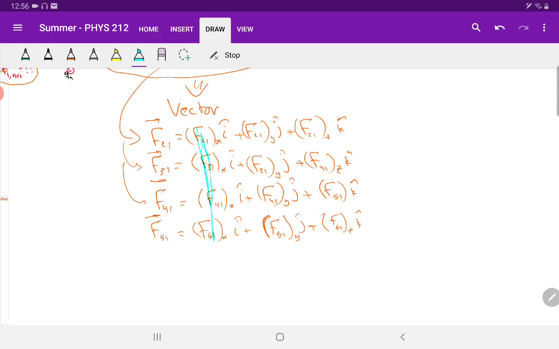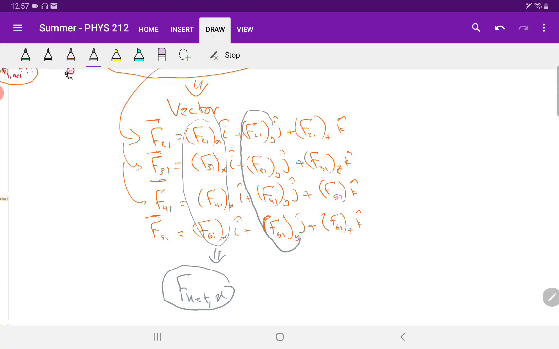Now, after we define these, we add all of these together. Actually, let's try to do it this way. Add these together, and that will give me F net x. So the x component of all of these forces gives me F net x. The same thing we do for the y component.